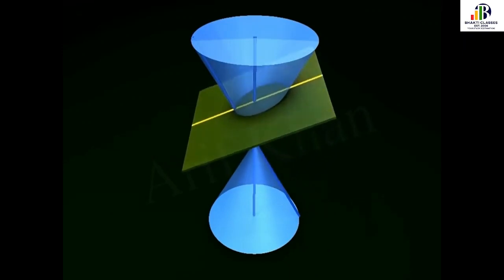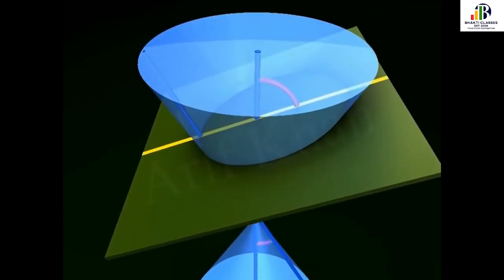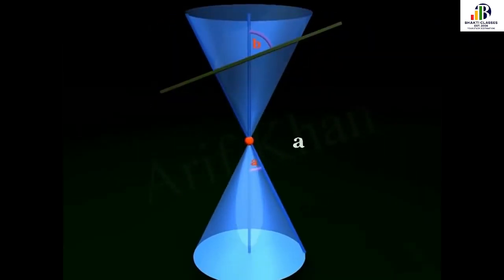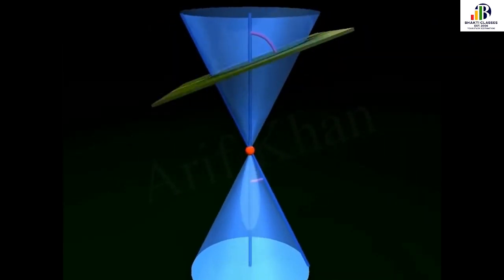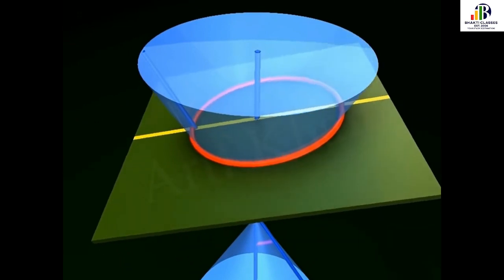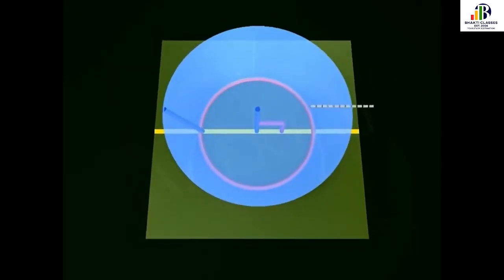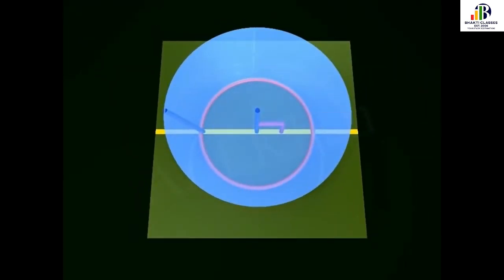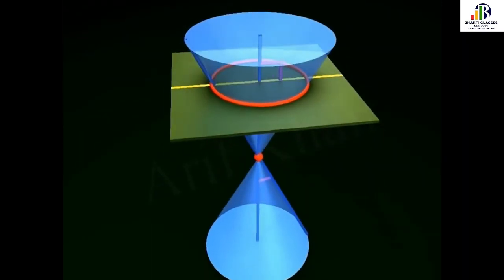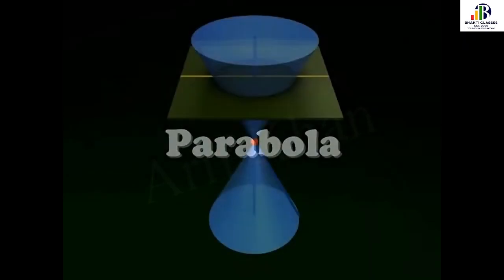When the angle of the plane with the vertical axis, this angle B, is less than A. Angle B is the angle between the vertical axis and the plane, and angle A is the angle between the directrix and the vertical axis. We will get the circle if the angle is 90 degrees. Now we are thinking about the parabola.